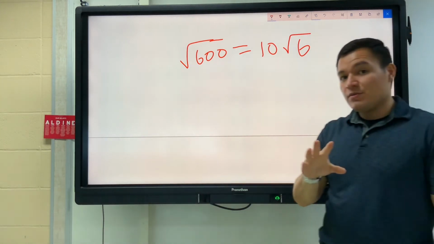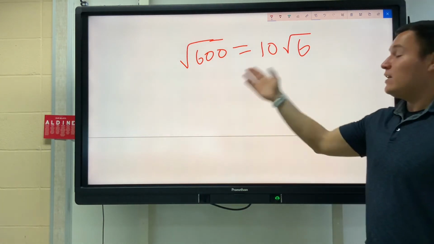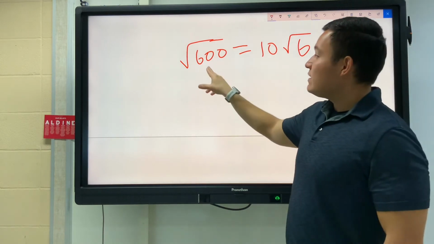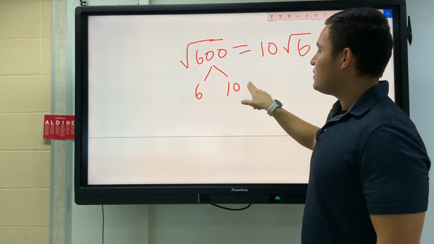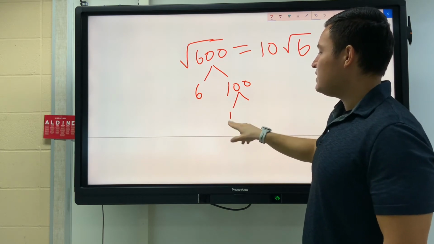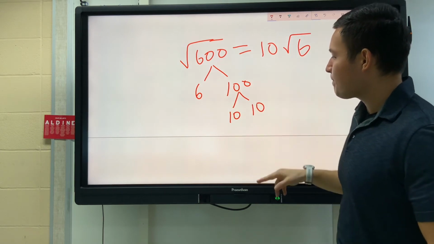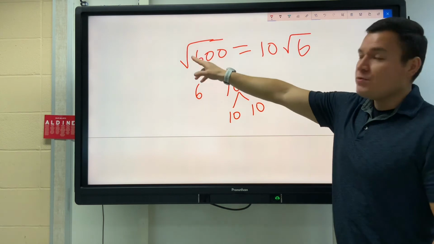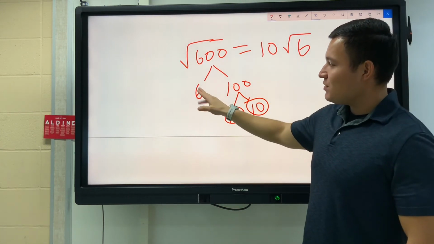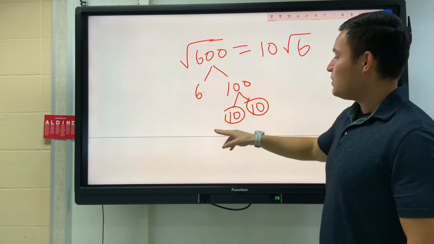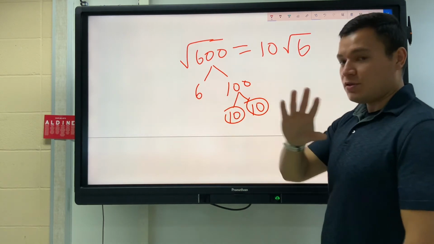And let me show you another way that we could have gotten to the same answer. 600 can break down into 6 times 100. And 100 breaks down to be 10 times 10. We are trying to do a root, and we found 2 of a kind. This number didn't have a pair, so it's going to, I'll show you.